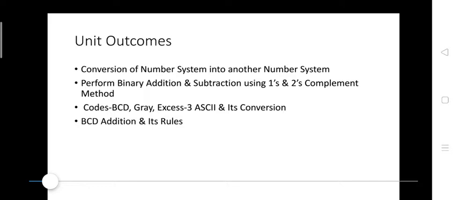Second, perform binary addition and subtraction using ones and twos complement method. Third, BCD, Gray, XS3, ASCII code and its conversion. Fourth, BCD addition and its rules.